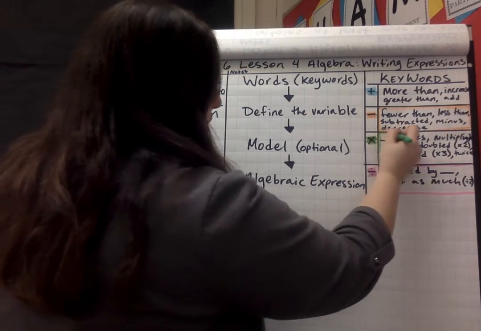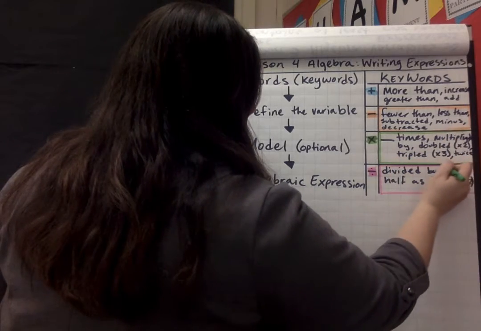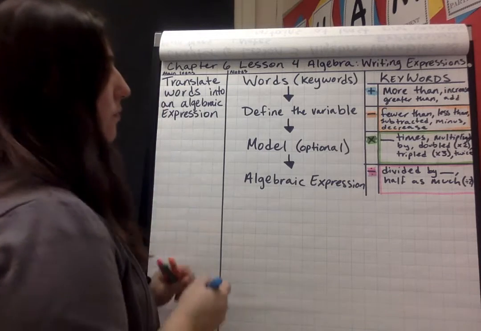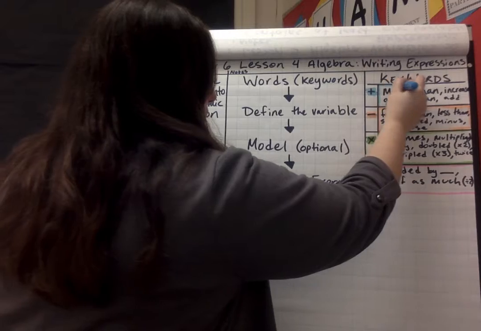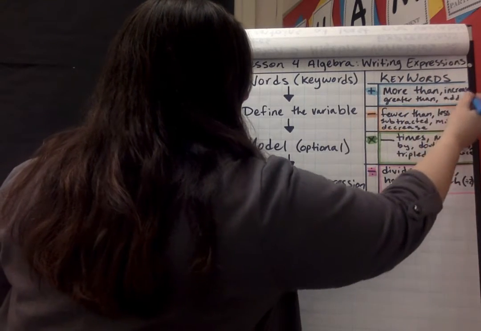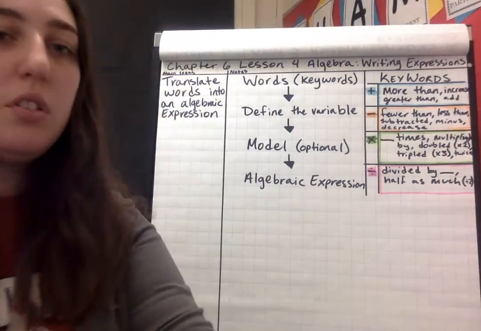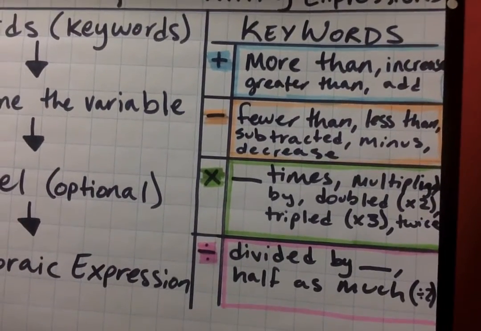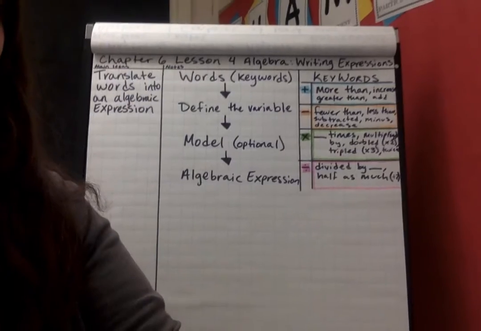And I will bring the computer forward so you can read this a little bit better. Okay, so let me just bring that in. And if you want, go ahead and pause it. Okay.